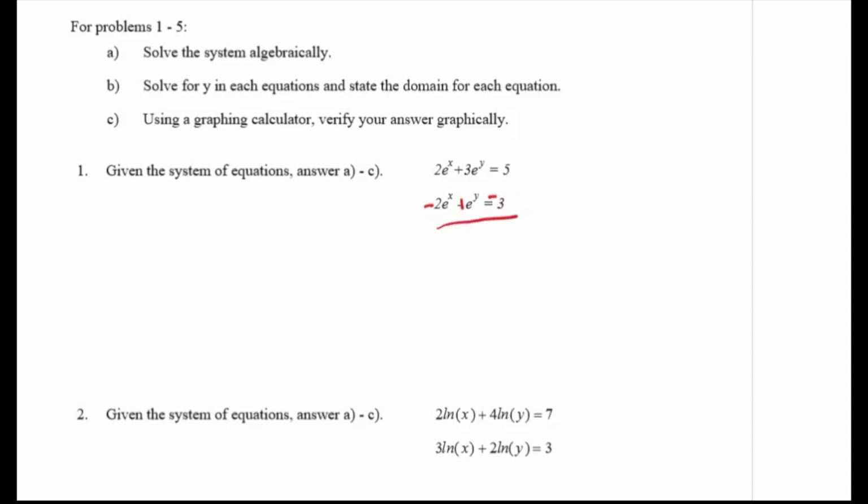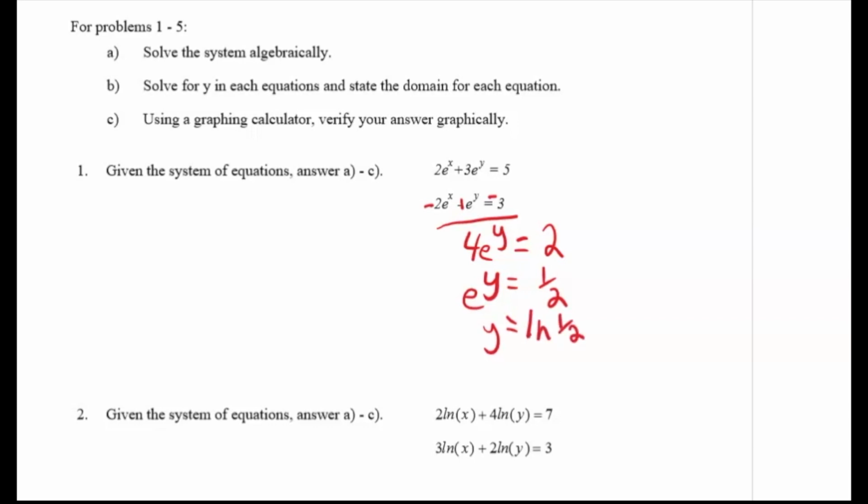And so that will give us 4e to the y equals 2. And then we can just start solving it from there. So we have e to the y equals 1/2. And then we have y equals, to get rid of the e, remember you have to do an ln.